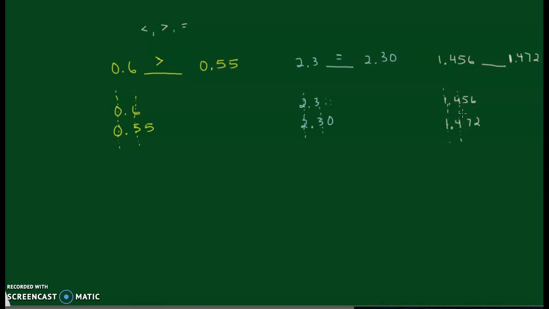Both of those are 4s, so that's still equal. Then I move out to the hundredths place. 7 hundredths is bigger than 5 hundredths, which means this number is larger. So if we were going to read this, we would say 1 and 456 thousandths is less than 1 and 472 thousandths.